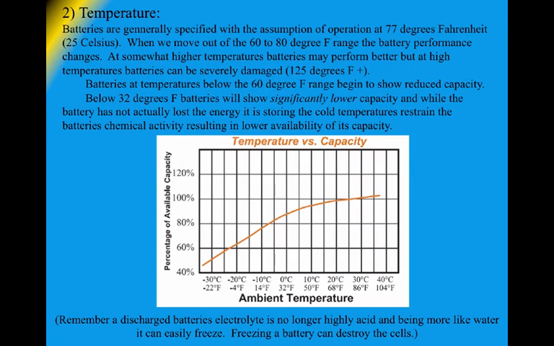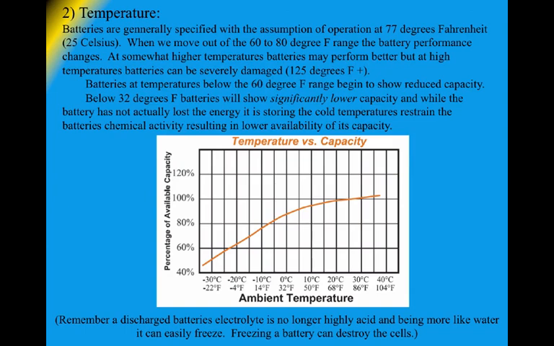At the same time, as batteries go below the standard test procedure at 25 degrees Celsius or 77 degrees Fahrenheit, we see that they reduce their capacity. Now, this is an apparent reduction in capacity. The battery's capacity is still the same, but as we get below 77 degrees, the battery capacity is not available.